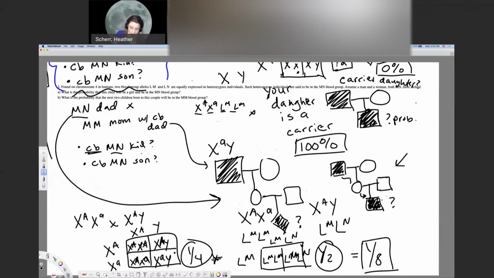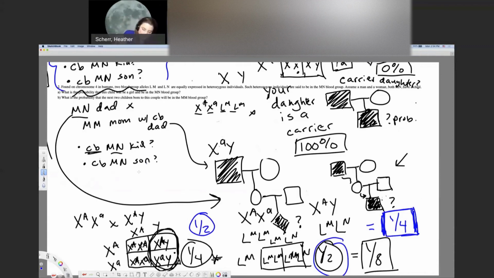What about a son? So then you just go back here and you say, okay, if I'm just looking at the sons, what's the probability? It's 1/2 now instead of 1/4. Same blood cross, so it's still 1/2. And so in that case, what's the probability of having the son? I should say this: if you know that you're having a son, what's the probability that your son will be colorblind?